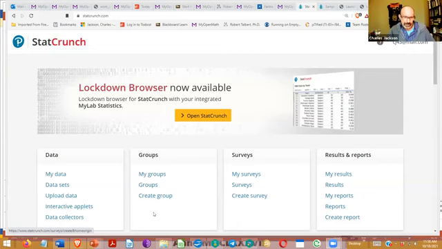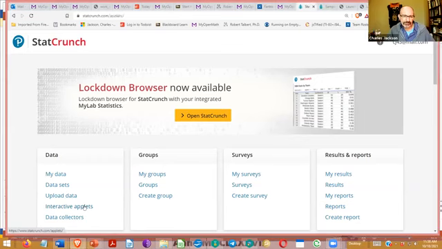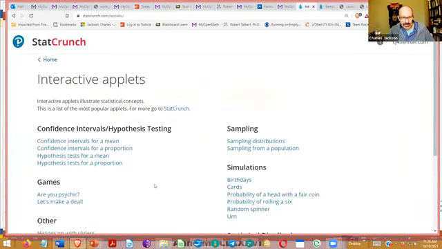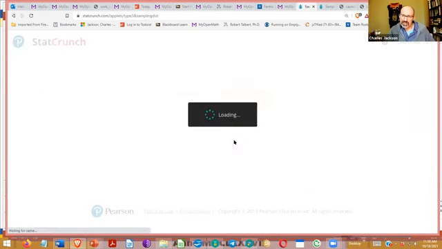It says over here on mine, it looks like this, interactive applets. Sampling distributions. Okay, so it's going to get really wordy here when we start talking about sampling distributions, sampling distribution of the mean.